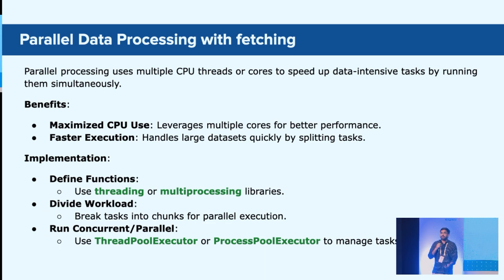And for heavy CPU-intensive tasks, you can have them running together. The main use case for this is you can maximize your CPU usage. You can have faster execution, like if you have a very large data set, you can have a faster execution speed. And again, for the implementation, we can use both multi-threading or multi-processing for defining the functions.